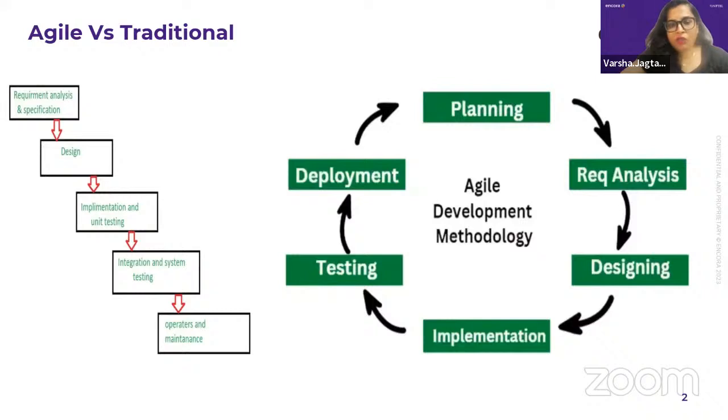At the last, we go live or show it to the customer, and then comes the phase of maintenance. The problem with our waterfall or traditional approach was that the customer got involved at very, very late stages. So we had a feedback loop which was not frequent.